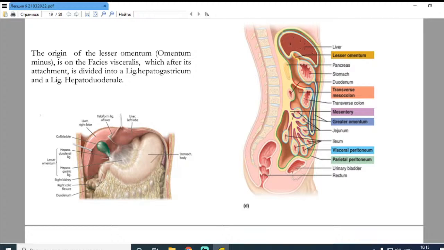What you see is the lesser omentum. This is the greater omentum, omentum majus. This is the lesser omentum.